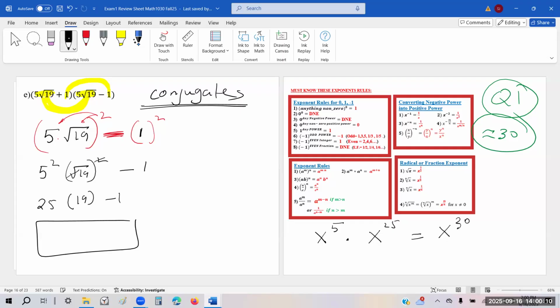And if you have x to the 5 and then 25 together, now what do you have? 125. So see the difference? If you're multiplying the bases, it's 30 because you're adding 25 plus 5. But if you have only one base with more powers, it's multiplication. So know your rules. And also I showed you some before, right?